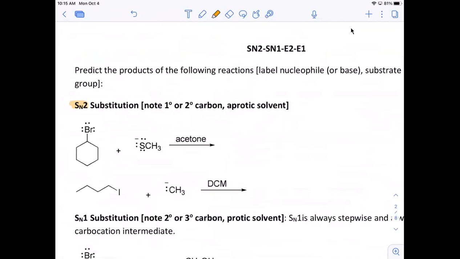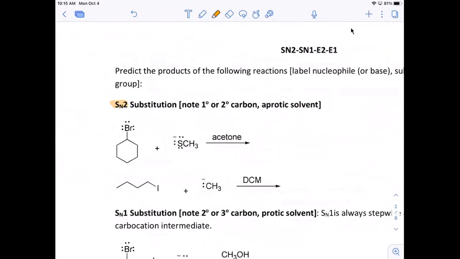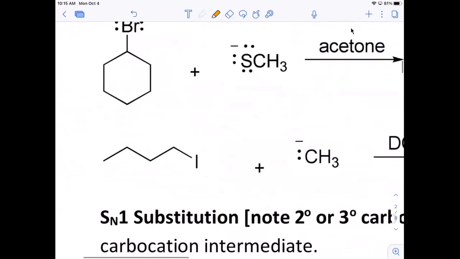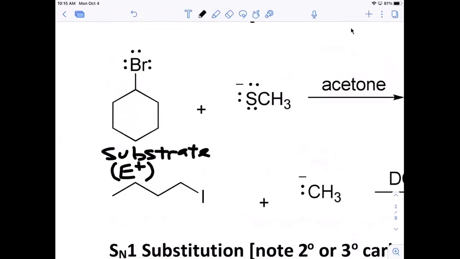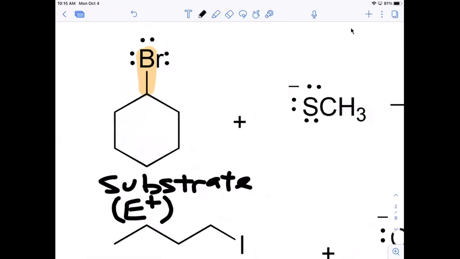The first thing is your substrate, or your electrophile. If you're looking for where the electrophile is going to react, always look for the most polarized bond, and the carbon that's partially positive is where the electrons are accepted from the nucleophile.